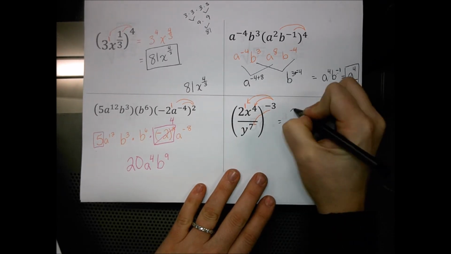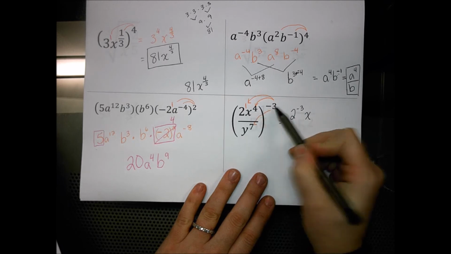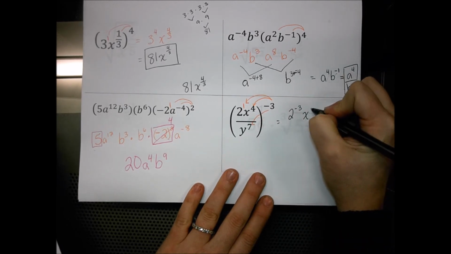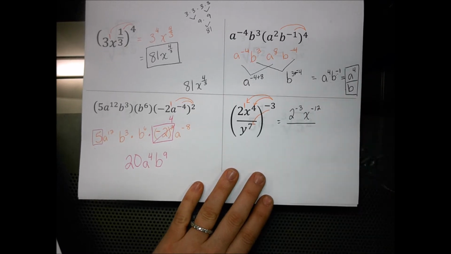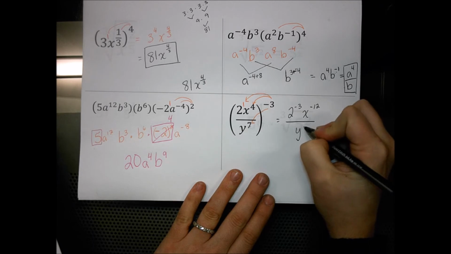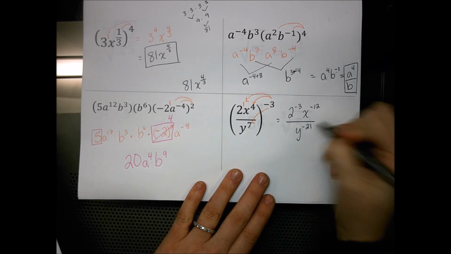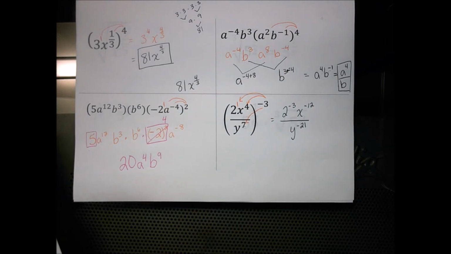So we have 2 to the -3rd. What is 4 times -3? -12. Don't forget the negative. Very good job. And then 7 times -3, -21.